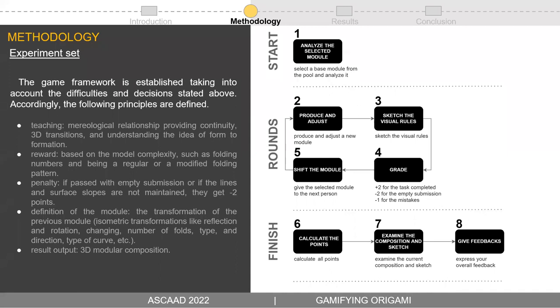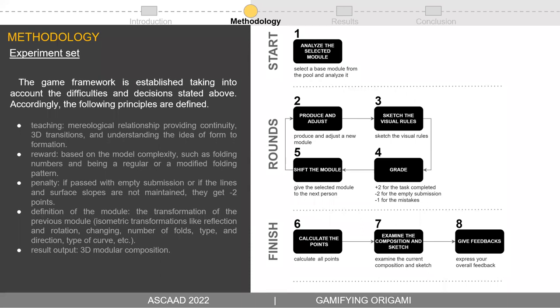The gaming process is created based on 3 main stages: start, rounds, and finish, as briefly illustrated. Groups of 4 students are formed. Students choose a base module from the pool in the first stage. In the second stage, maintaining continuity and part-whole relationship as a rule is defined to create a new module.